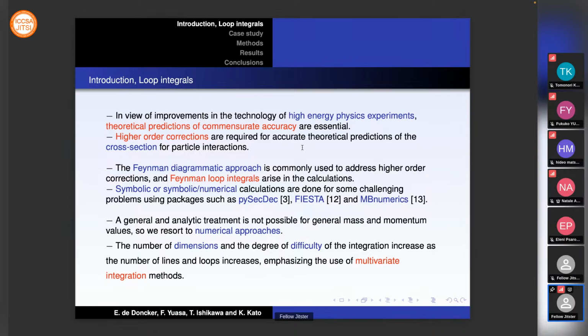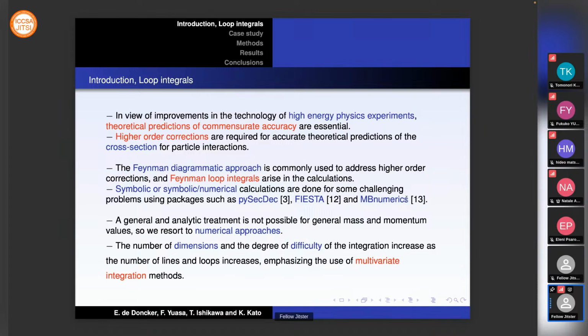We will use Feynman diagrams to address the higher order corrections. This gives rise to Feynman loop integrals that arise in the calculations. And there are symbolic and numerical packages that address challenging problems, such as PySecDec, Fiesta, and MB numerics.